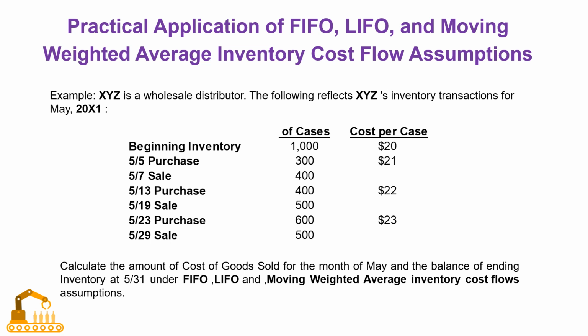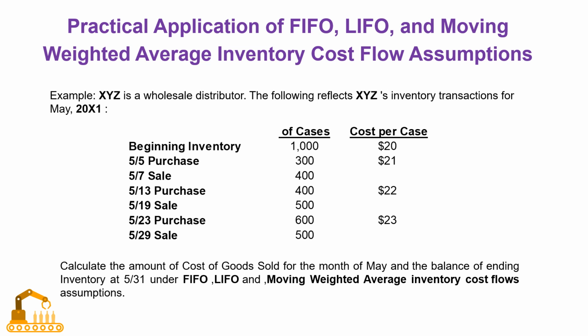In other words, he has a beginning balance at the beginning of May, and then during the month of May, he purchases some cases and he's selling cases. Ultimately, we're going to calculate the total cost of goods sold for the entire month and the remaining ending balance of inventory at the end of that month.